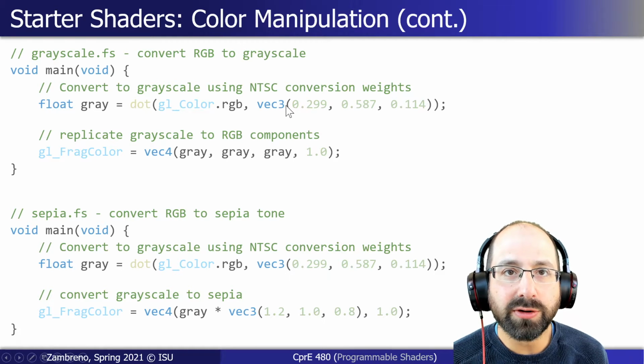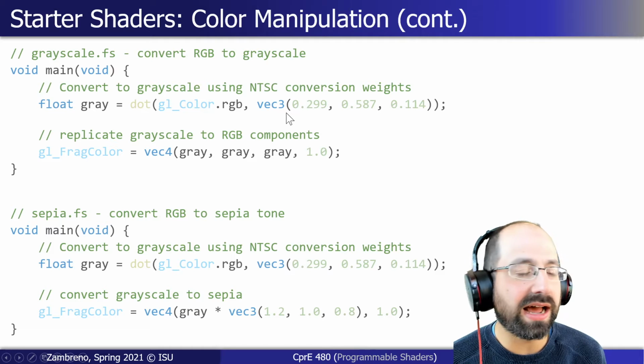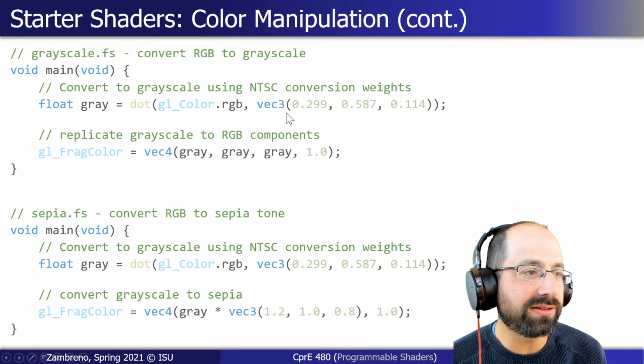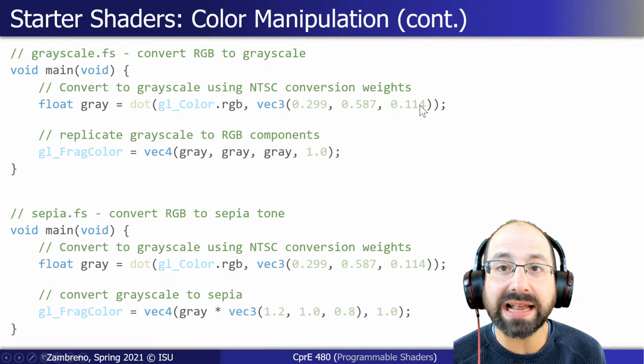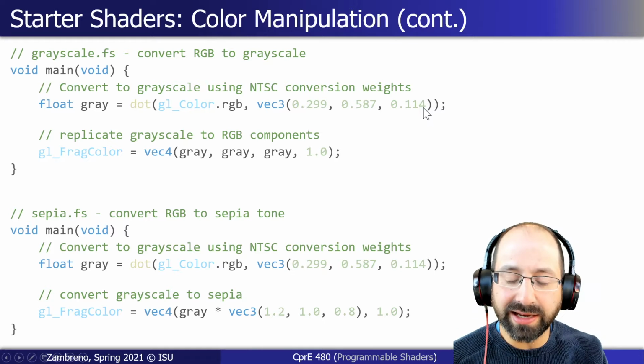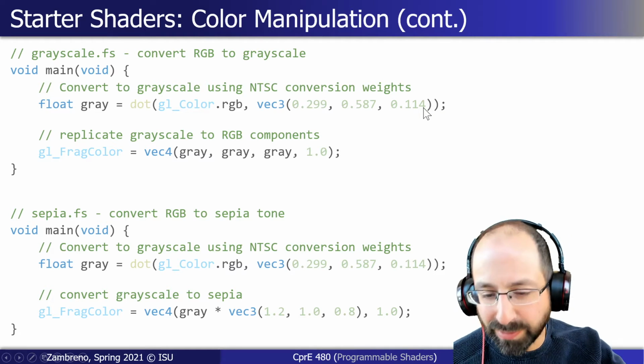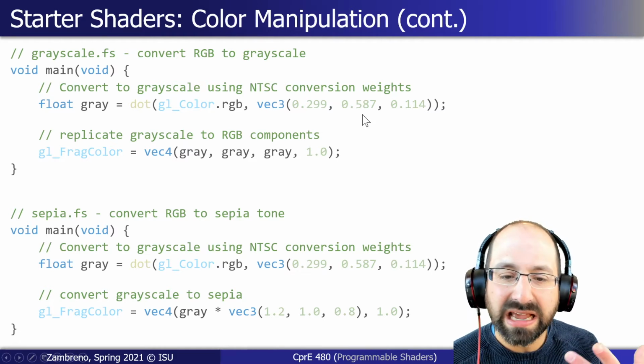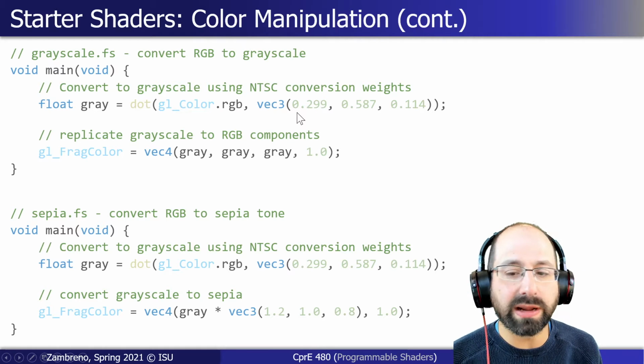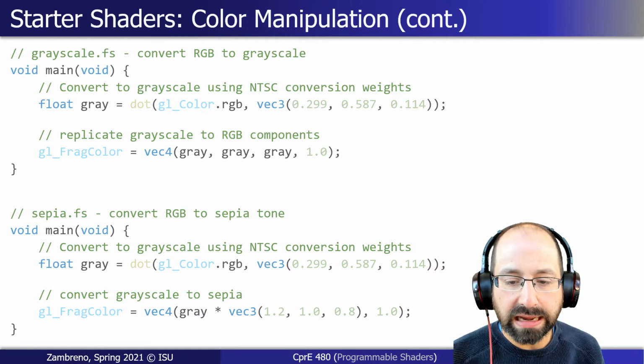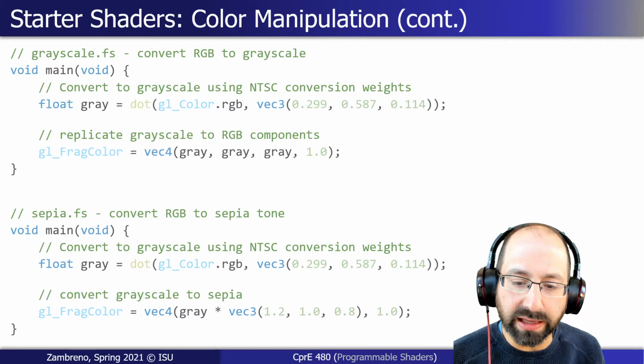Those weights depend on the different standard for conversion that we're working with. My understanding is that kind of computation forms something of the basis of one of your assignments in 488, but that computation in our fragment shader becomes a relatively straightforward thing as well.